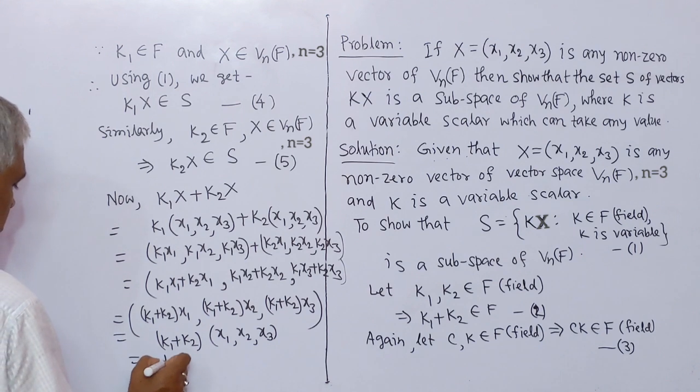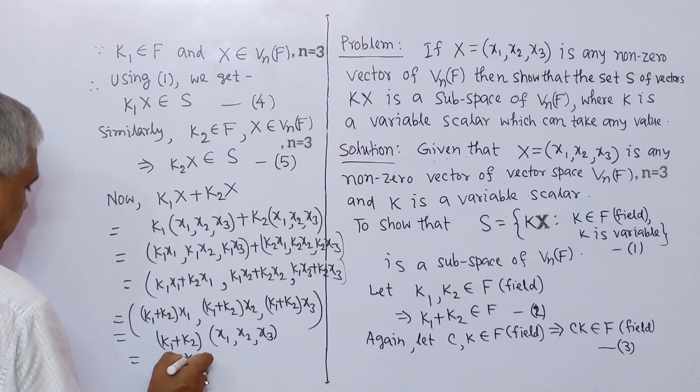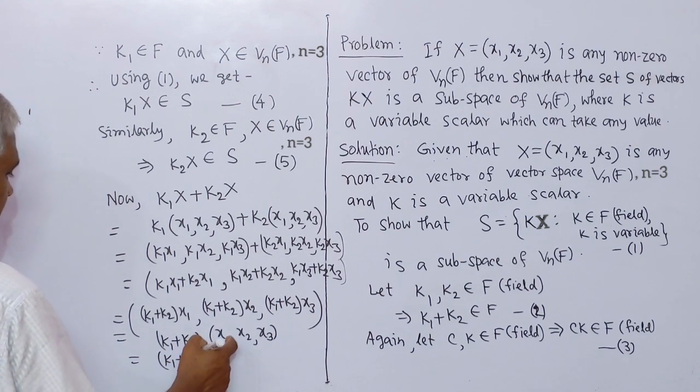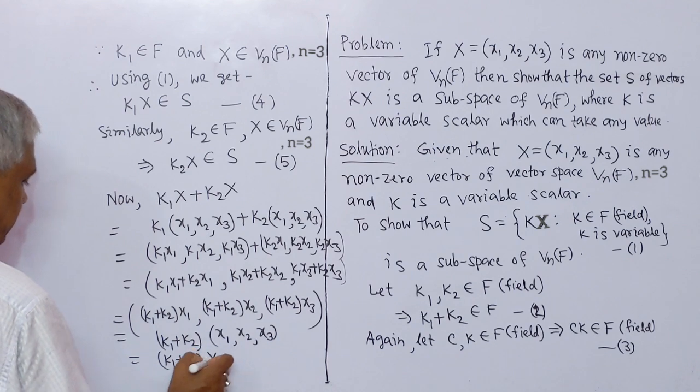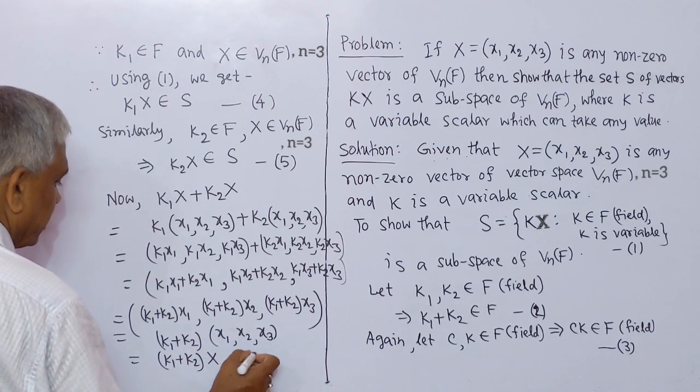This is equal to K1 plus K2, and this is capital X. This is number 6.